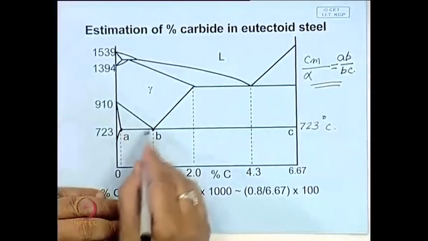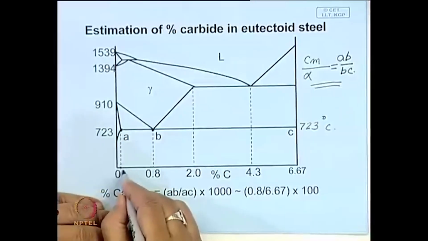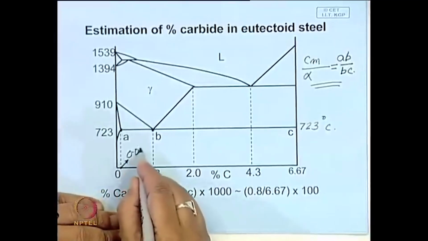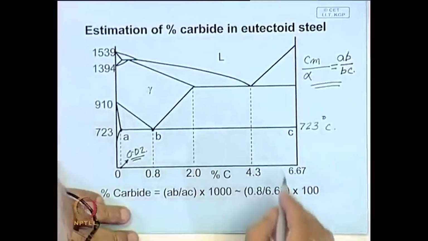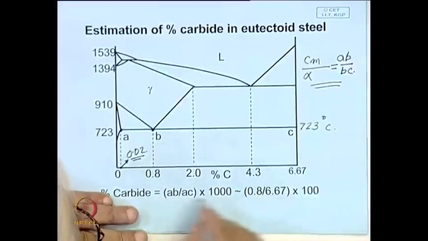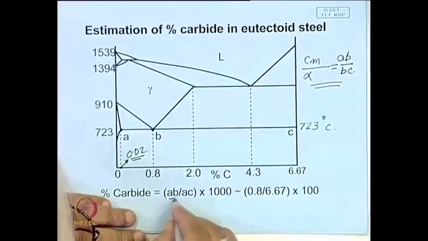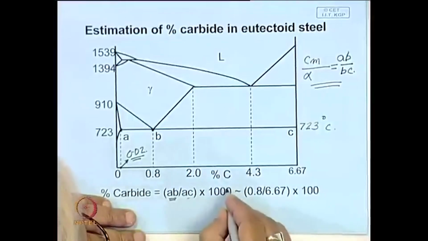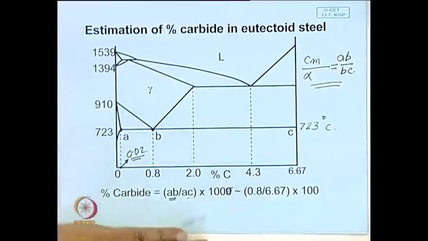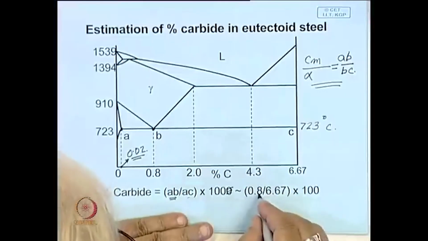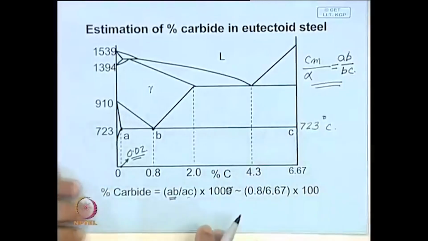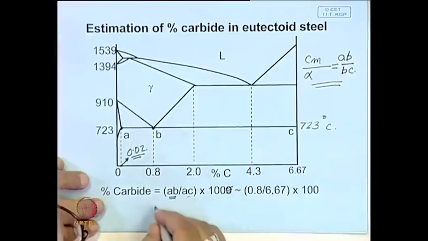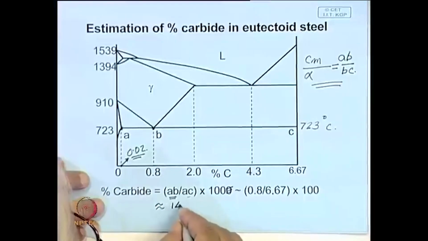This will be A B, and if we say this point is 0.02, for practical purposes we can neglect it. Then the amount of carbide will be A B by A C times 100, which is around 0.8 over 6.67, and you can calculate it out, and it may come to around 14%.